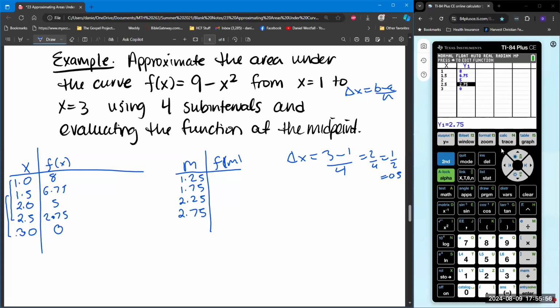So I'm going to come back here and recalculate at 1.25, 1.75, 2.25, 2.75, and I'm going to get rid of that one.